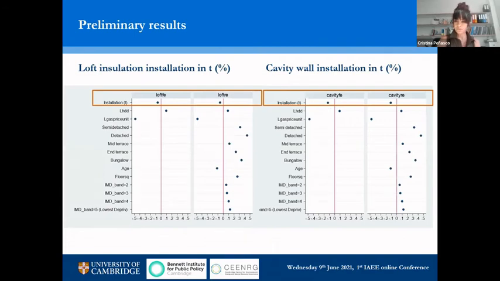So far, what we see is that energy efficiency technical improvements in households are effective in reducing the energy consumption of those households undertaking these measures. With the generalized differences-in-differences approach, but without dynamic treatment effects, we see an average treatment effect in the range of 6% for loft insulation and around 12% for cavity walls after the installation of the different measures.